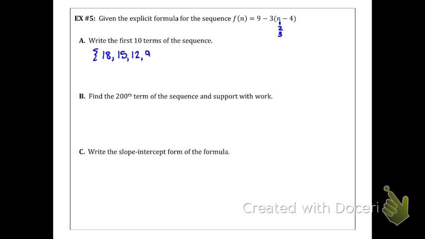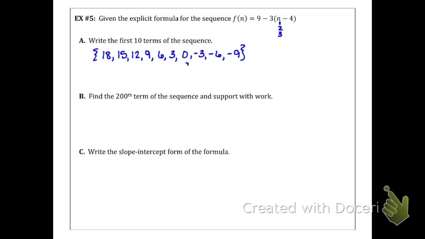So my next one's going to be 9. My fifth term would be 6, 3, 0. What number is that? 1, 2, 3, 4, 5, 6, 7. That's my seventh term. So my eighth term, my ninth term, and my 10th term. And so there are the first 10 terms of that sequence.